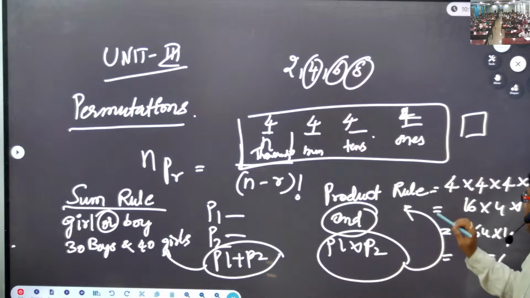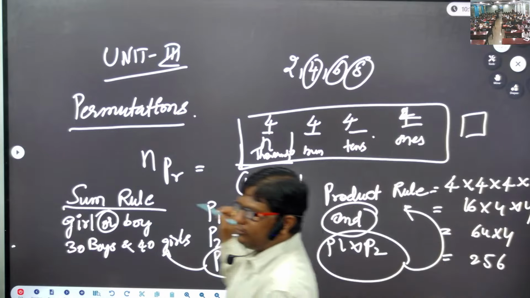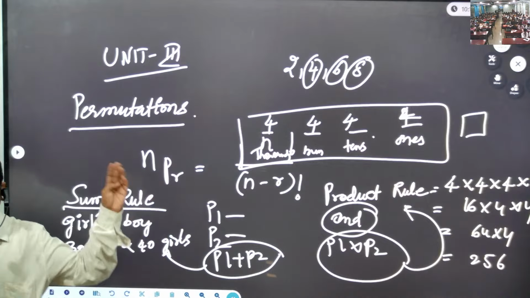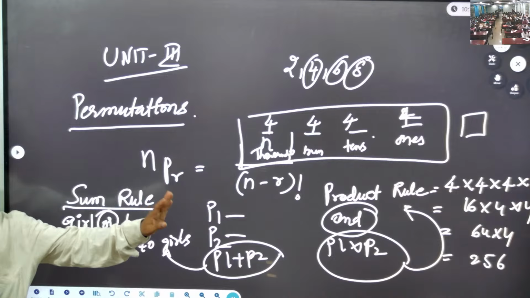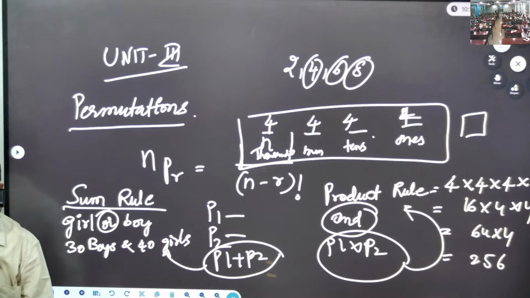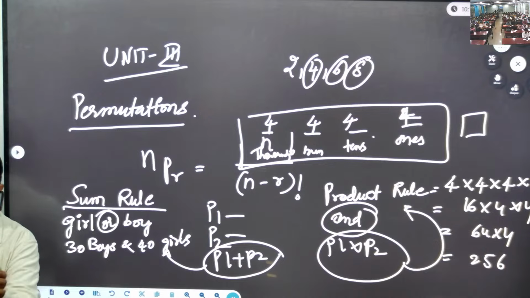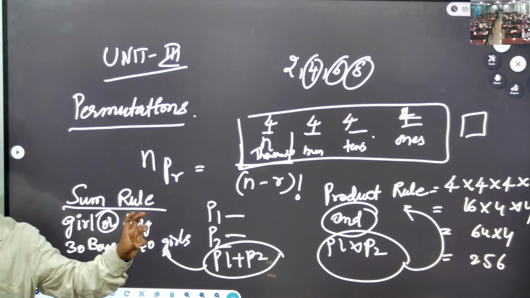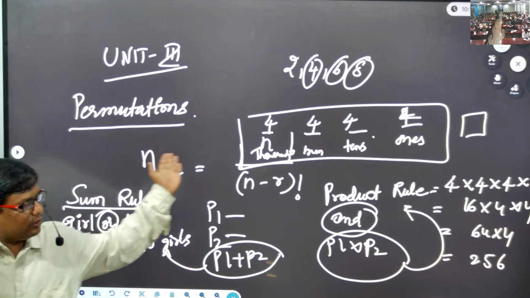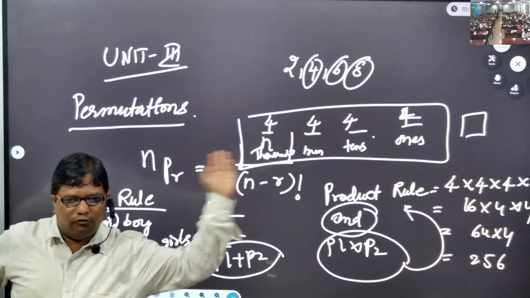So when you are writing the total number of ways, it is going to be 4 into 4 into 4 into 4. Okay? So if you simplify it, you will be getting 256 ways. Clear? Right. So if you understood, you can write it in your own way. That is 256 as the answer, and you have to represent all the terms as 4, 4, 4, 4.